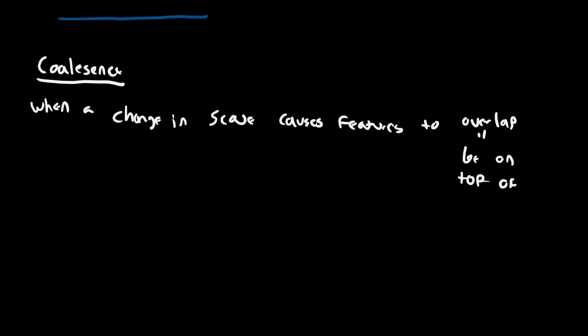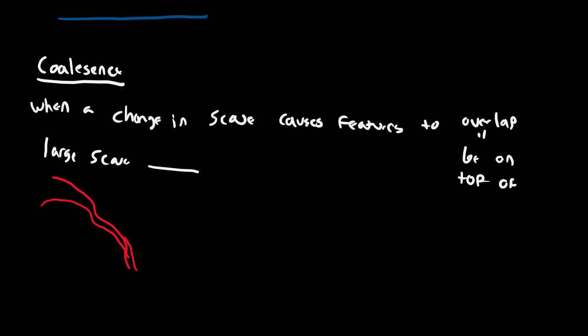So let's say in this example, we have two roads. Maybe this is like a freeway and a service drive. And in the large scale map, because again, we start off in the large scale, you can still kind of see that they're two separate lines.